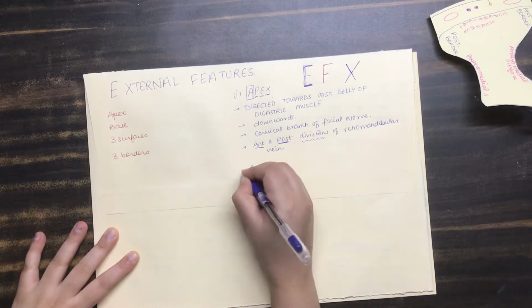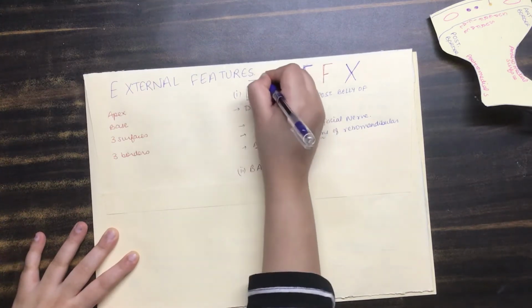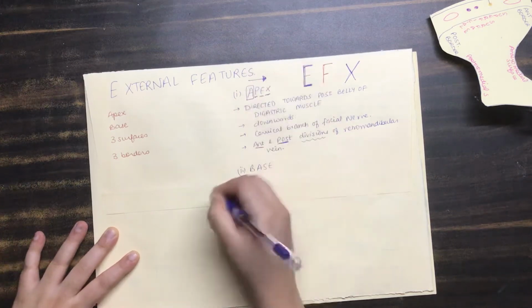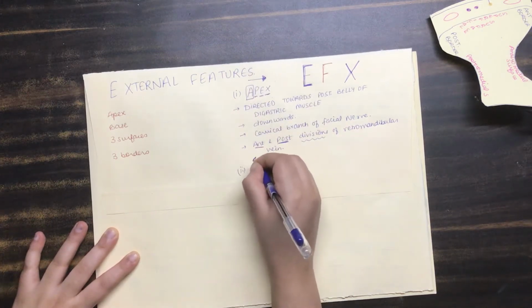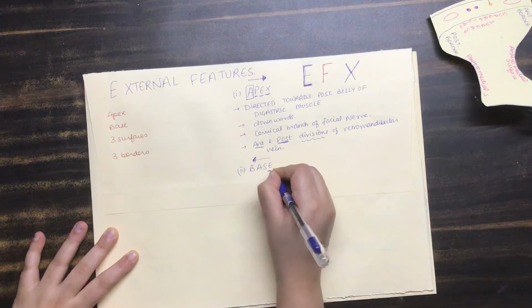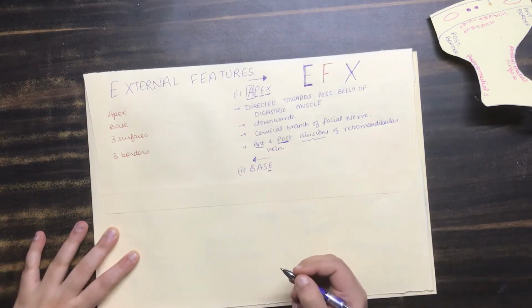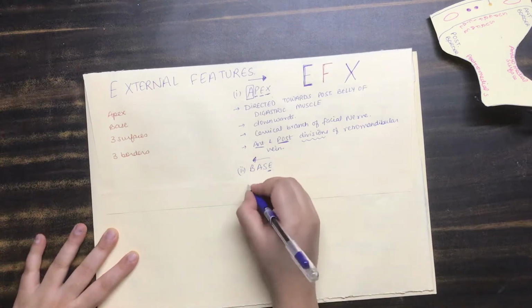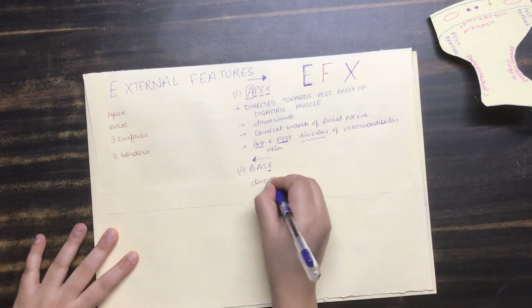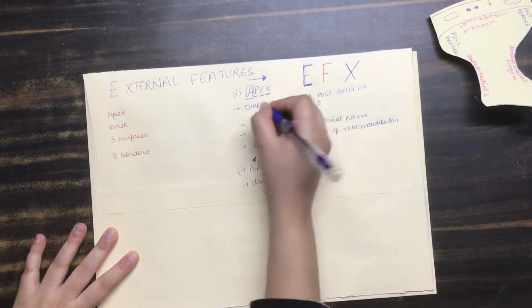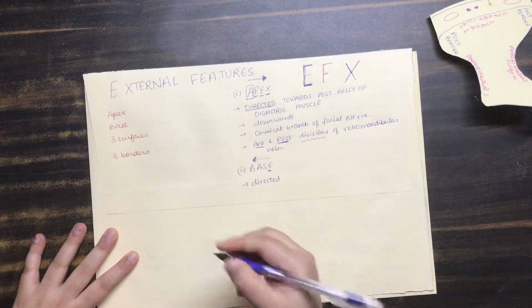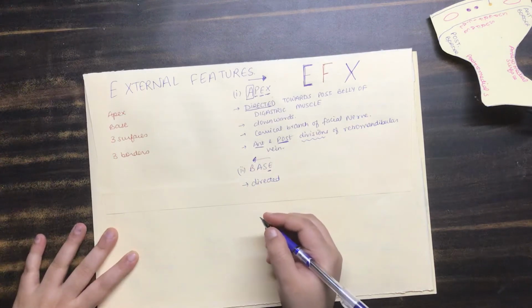Similarly, we'll do it in the base also, but from apex we went like this, and in base we're going to go the opposite way. Take out the first alphabet, which is E. E says external acoustic meatus. Whenever I have to speak first, I always say directed, that is, whether the apex or base is directed towards a particular point.